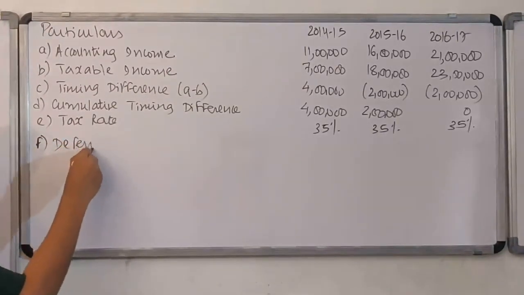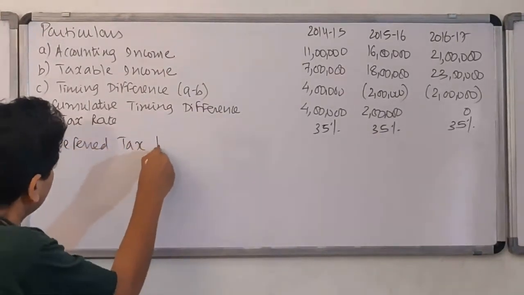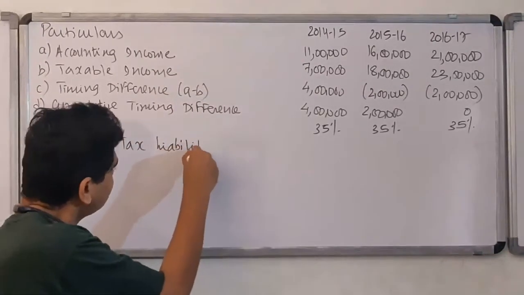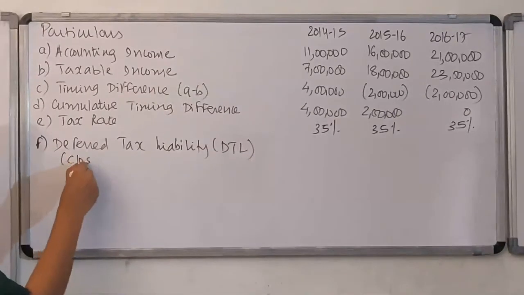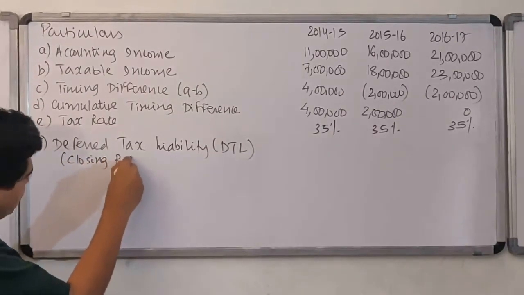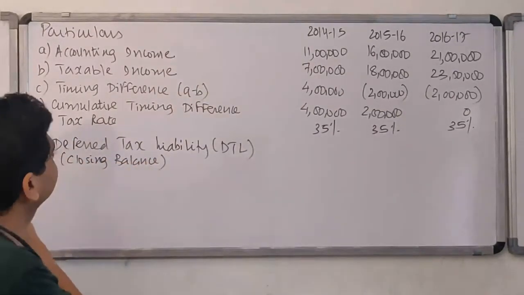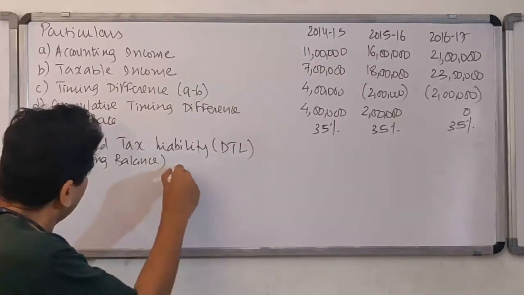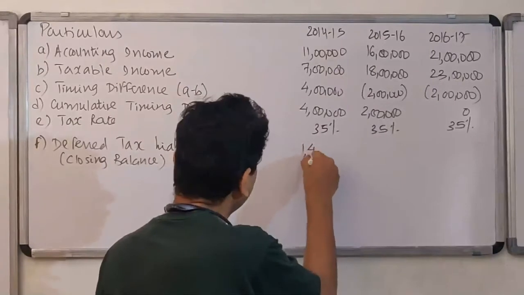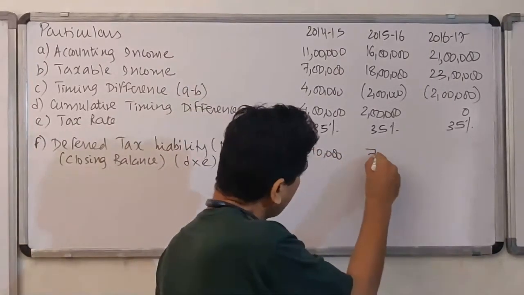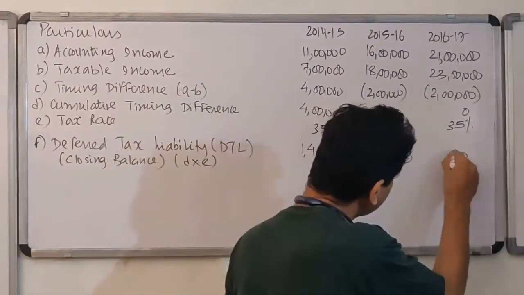We will say deferred tax liability, DTL. You can say in brackets, closing balance will be D into E. 140, 70, 0.